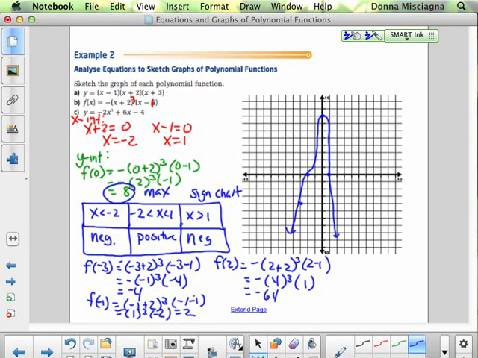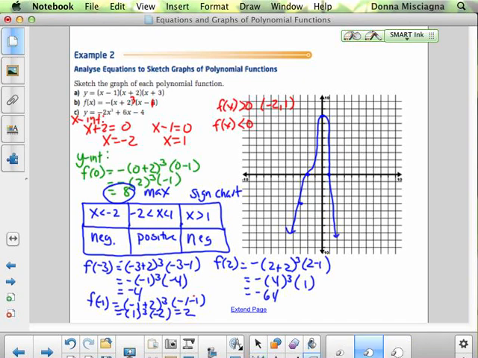We can look at where our function is greater than 0 and less than 0. So our function is greater than 0 just between the x-intercepts, so just between -2 and 1. Everywhere else, our function is going to be negative.